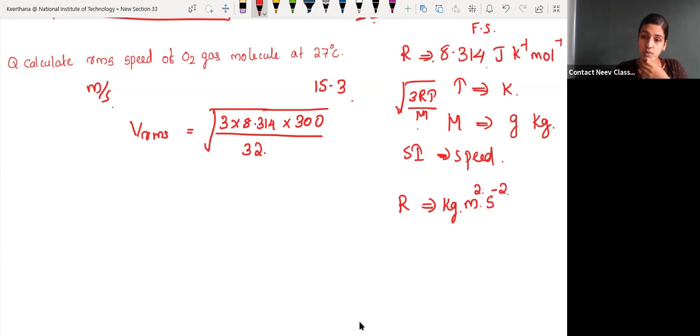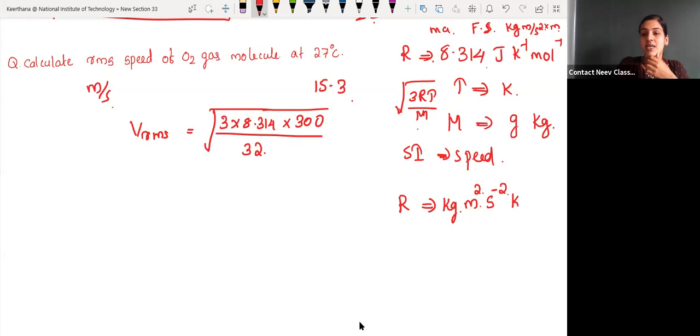This is right. 1 joule is equal to 1 kilogram meter square per second square. Force is MA, which is kilogram meter per second square, and S is displacement, which is meter. So 1 joule is 1 kilogram meter square second raised to minus 2.